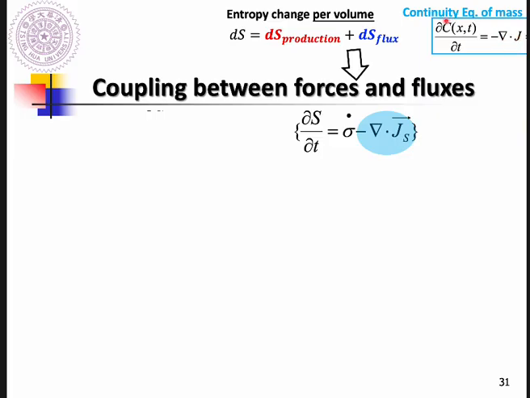If you change concentration to entropy, then the flux here becomes the entropy flux. Then you divide by time, so it will be identical with this term and equal to the negative divergence of the entropy flux.